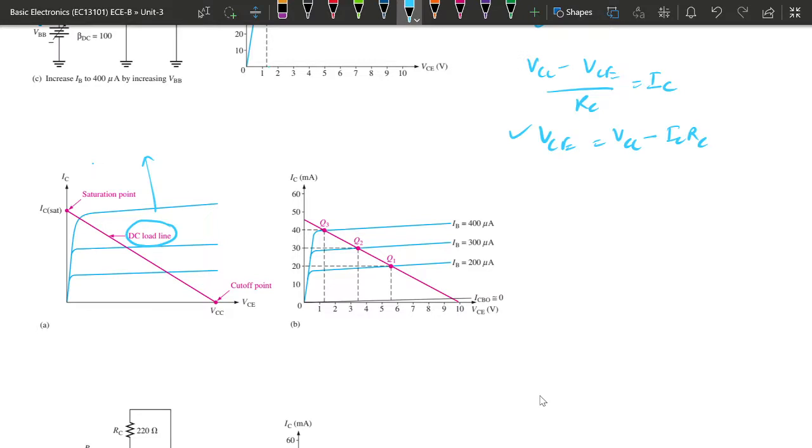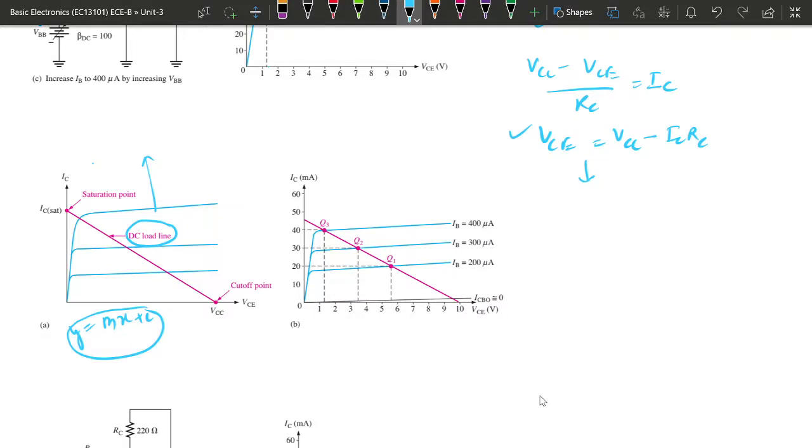So the plot of the DC load line will be the same as the plot of the output characteristics, that is between IC and VCE. This is like a y equals mx plus c type equation, so we will be transforming this into y equals mx plus c.